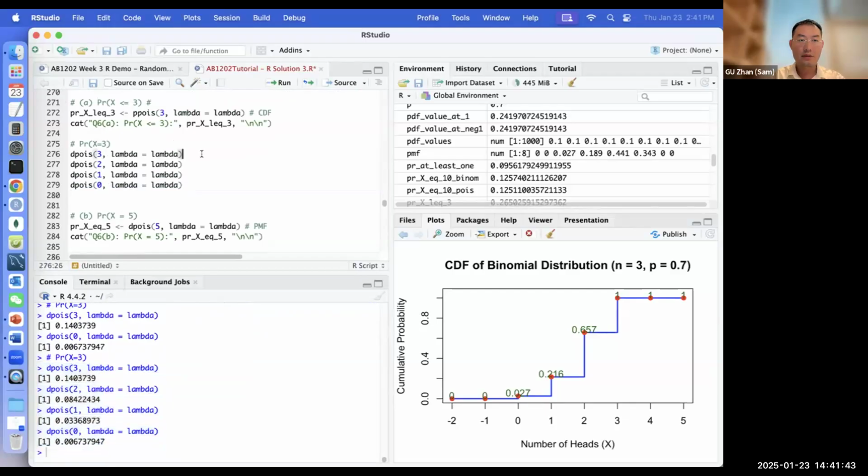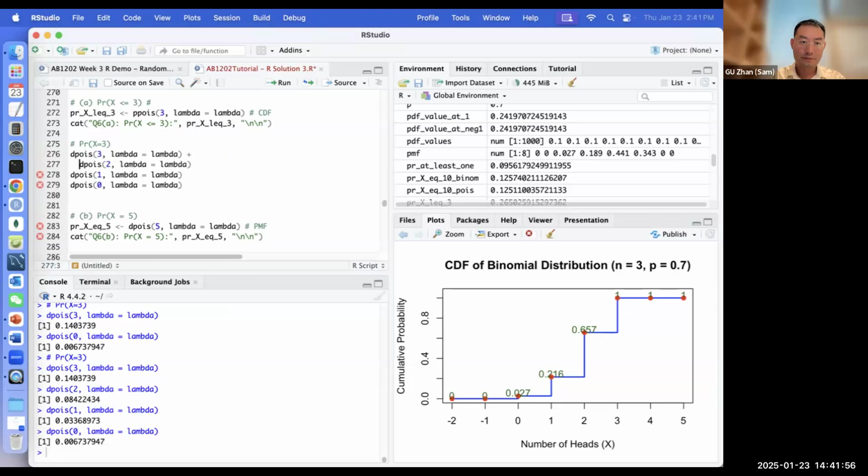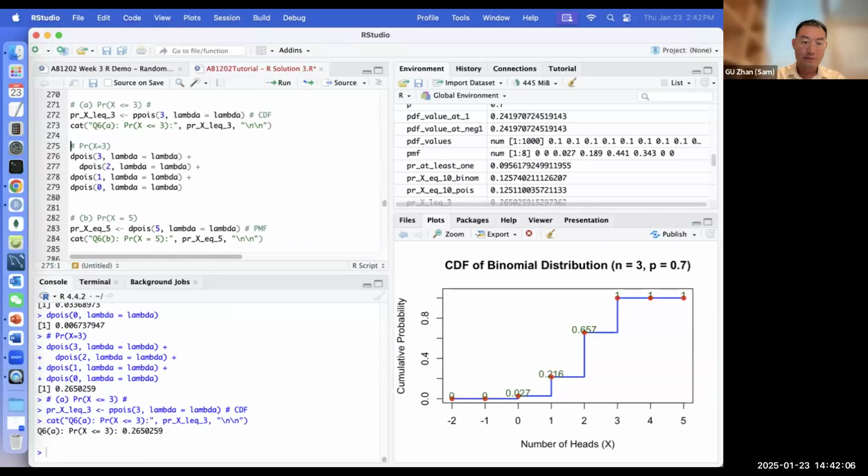We can do a quick check. We just add: 0.2650. We'll have a look at the previous one.